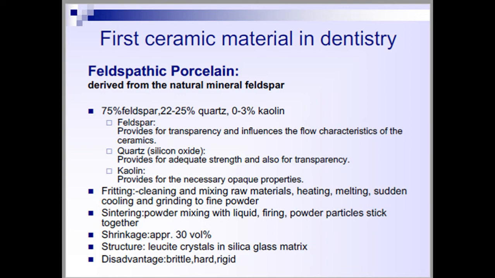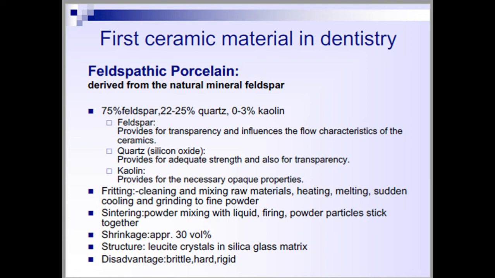When we are adding feldspar with non-metallic oxides such as sodium, potassium or calcium, the ceramic becomes different types. If we are adding sodium dioxide, it becomes soda feldspar. If we are adding potassium dioxide, it becomes potash feldspar.